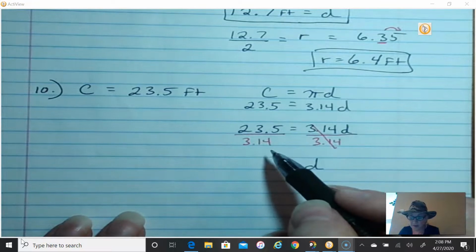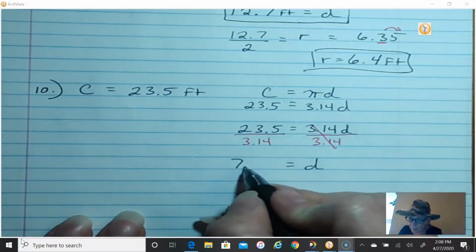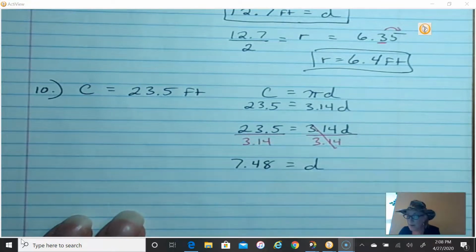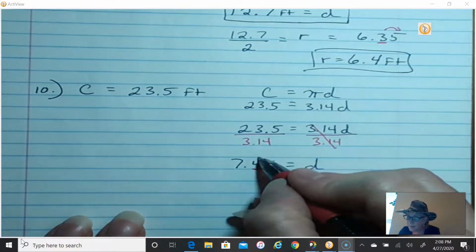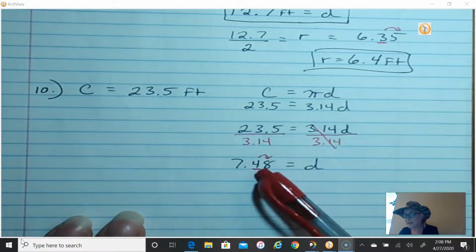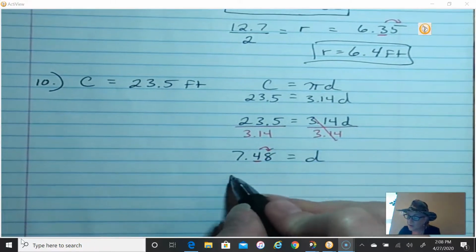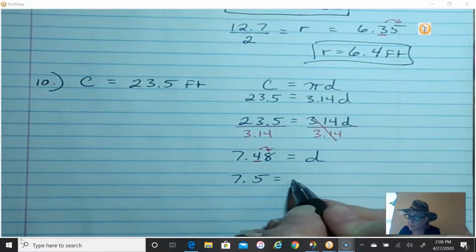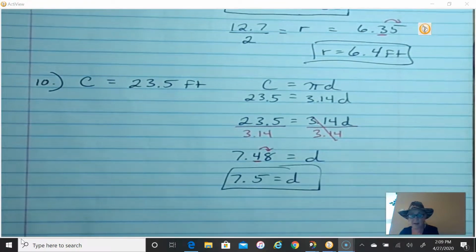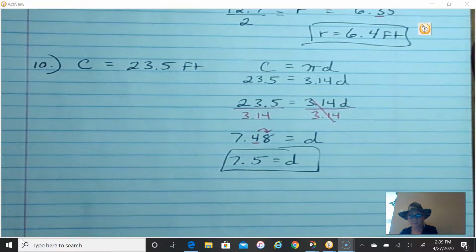If you divide, you would get 7.48. However, the direction said round to the nearest tenth. So that's the 10th place. I look to the right. Since that's an 8, it changes to 7.5 equals the diameter. Now I need to get my radius.